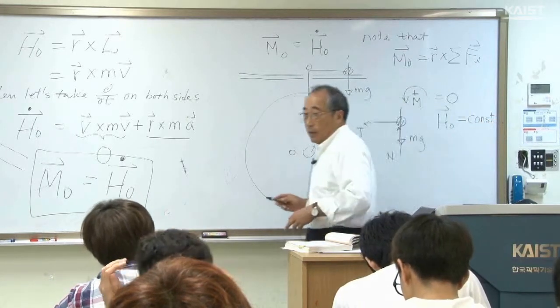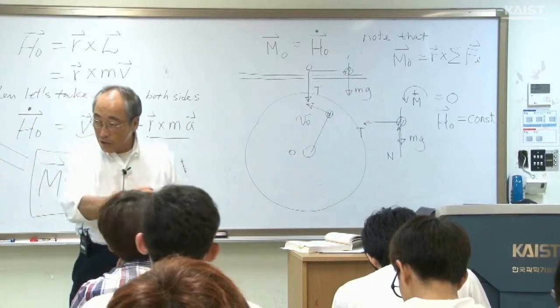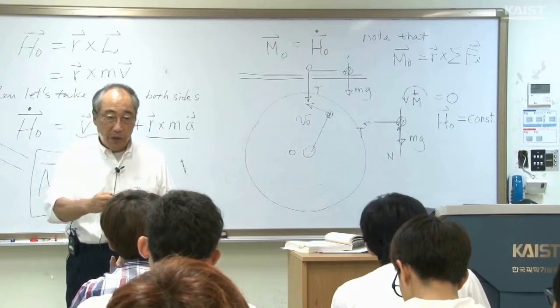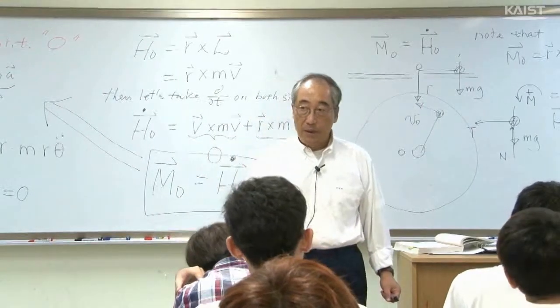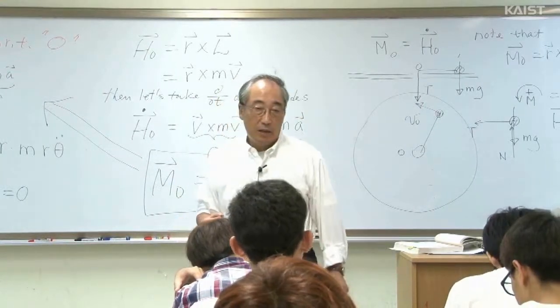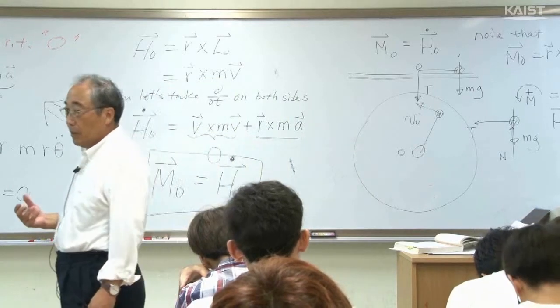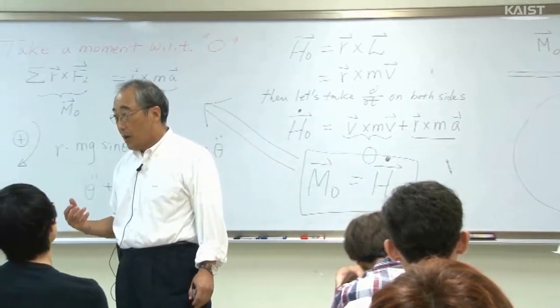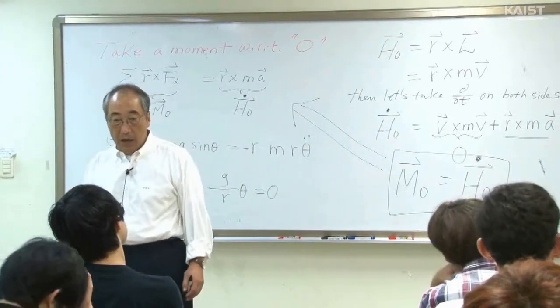So I can immediately see that the small ball rotating on the surface is conserving angular momentum. What does it mean? To conserve angular momentum, that is R multiplied by mv, right?